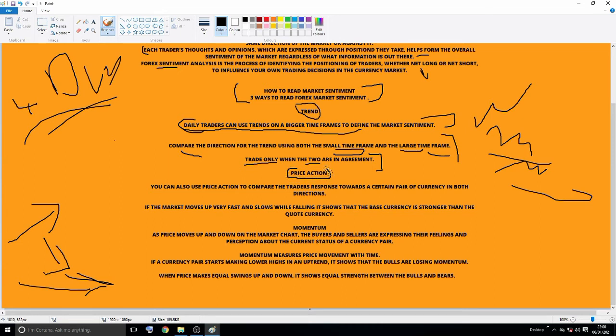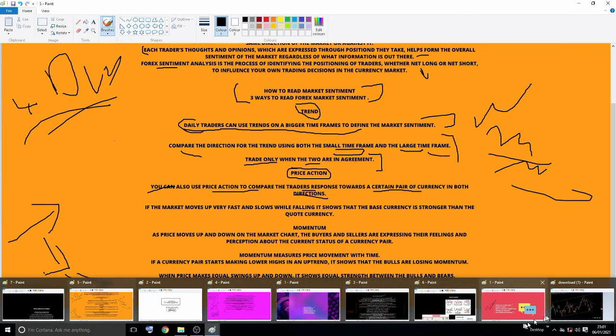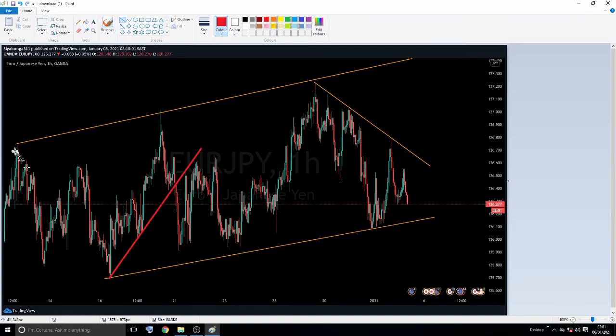Another way to read the sentiment is by price action. You can also use price action to compare traders' response toward a certain currency pair in both directions. By price action, I mean how the price is moving. Is the price creating lower lows? Is the price creating lower highs? Is the price pushing up or is the price pushing down?